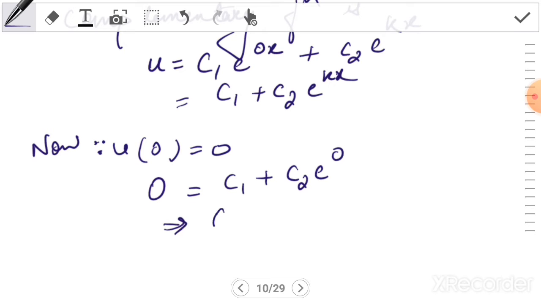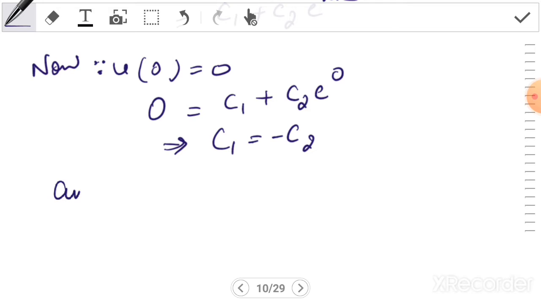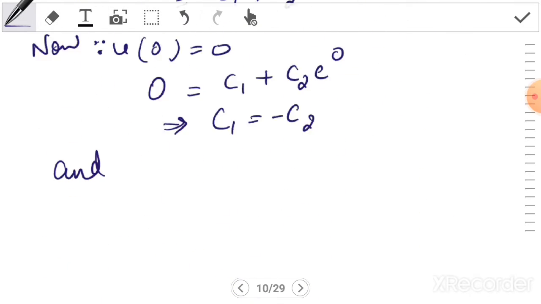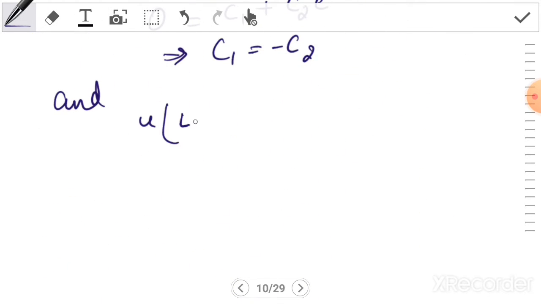That means c1 is equal to minus c2. And using at x is equal to L, u is capital U, e power kL.